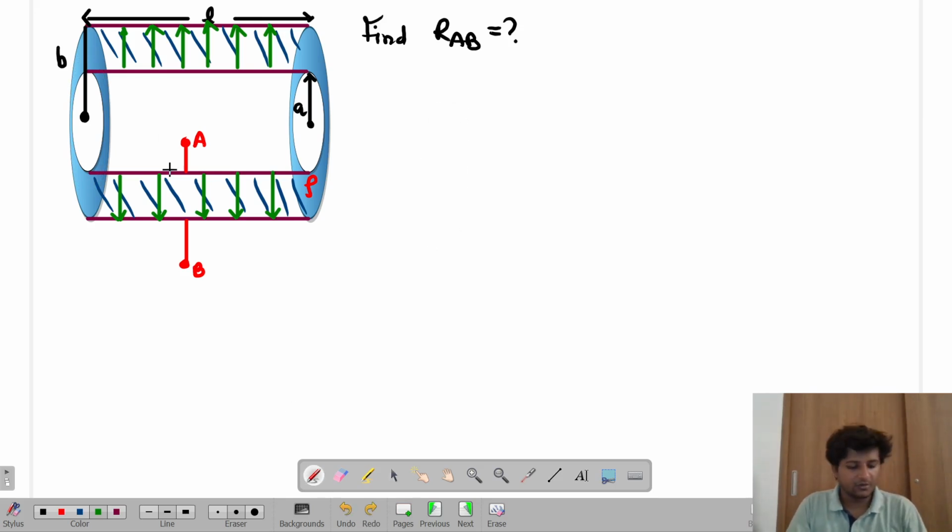So basically, if it is made up of infinite such hollow cylinders, let's suppose I consider any hollow cylinder, got it or not?